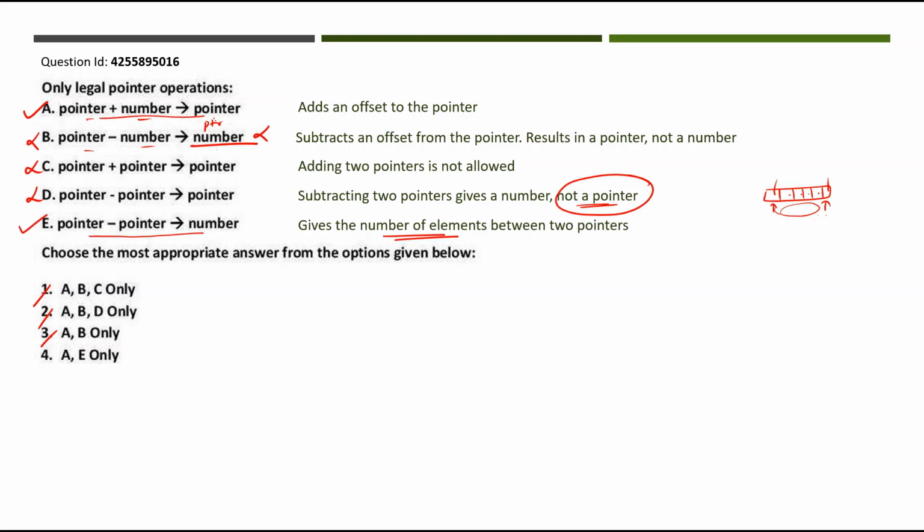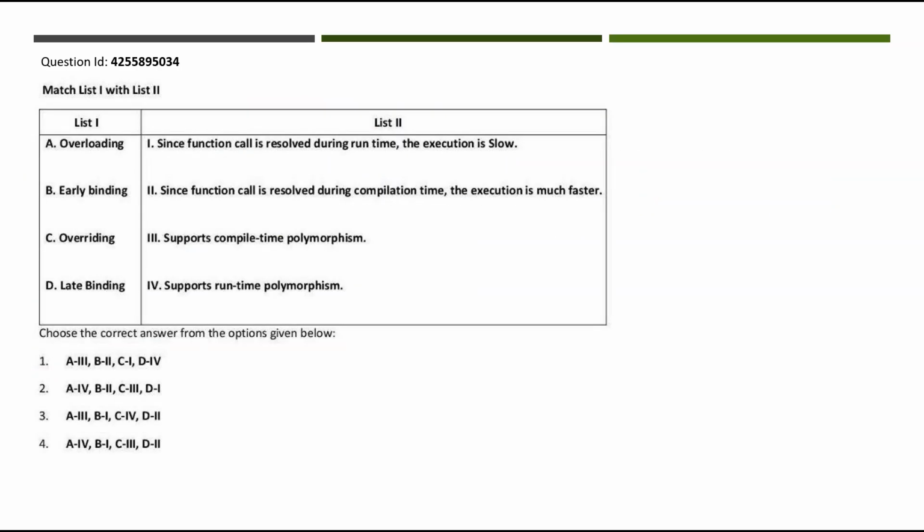From this we can mark option number 4, AE only, as the right answer. You should get a list of valid or legal pointer operations that are allowed, and you have to get invalid pointer operations. Have a learning, have a comparison so that it will be helpful for you in some other question paper. Next question, match list 1 with list 2.